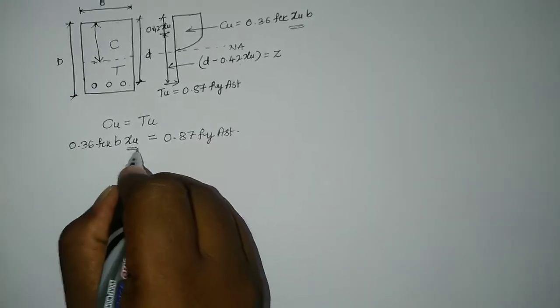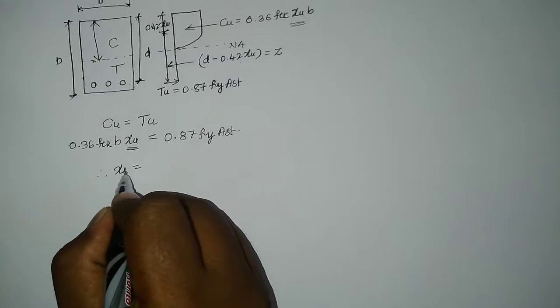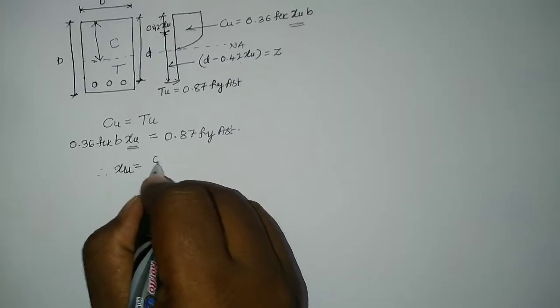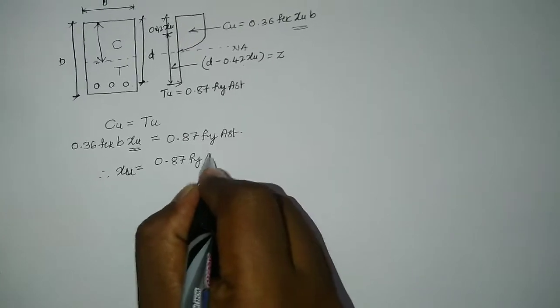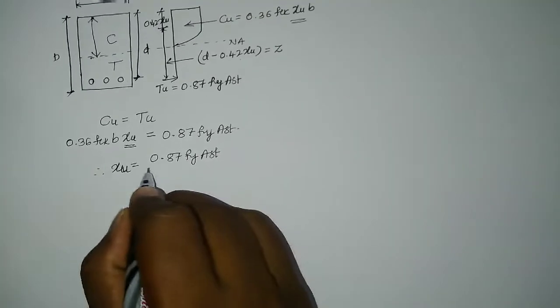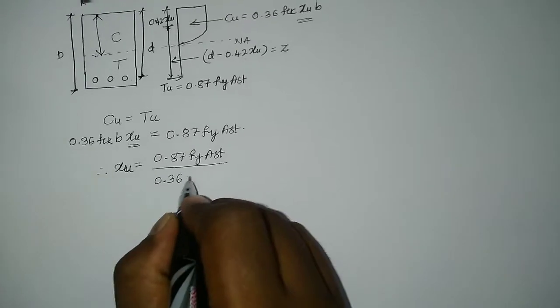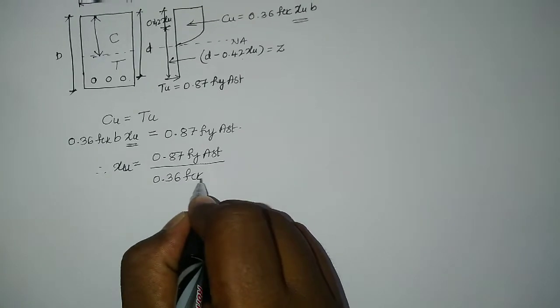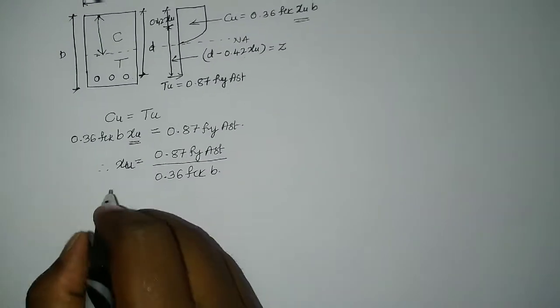So we are going to find the value of XU. Therefore XU is equal to 0.87 fy Ast divided by 0.36 fck B. The same equation is there in IS 456.